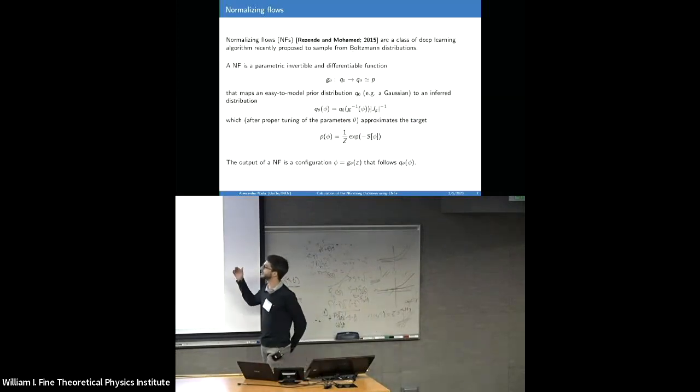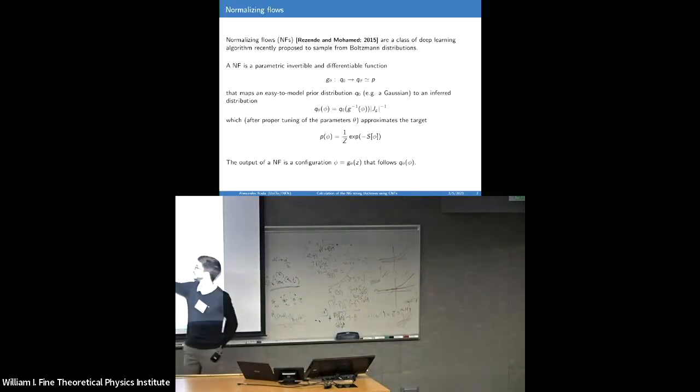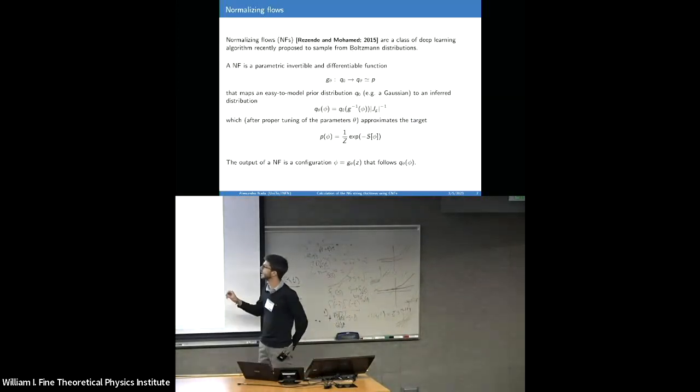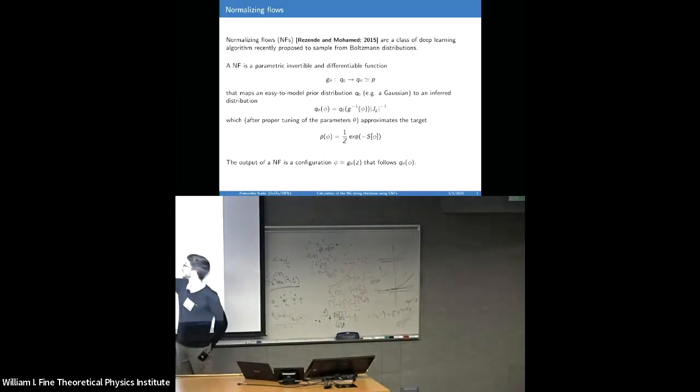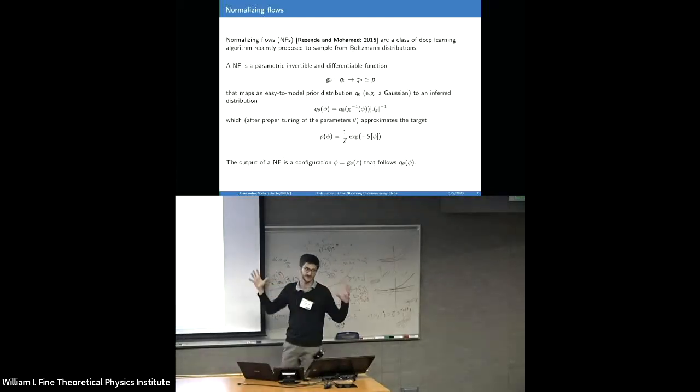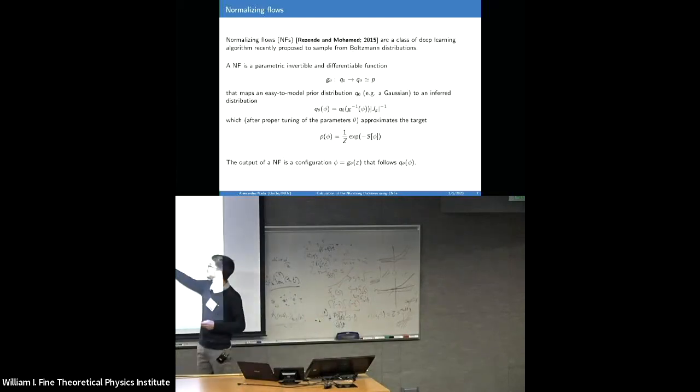The idea is that this normalizing flow is nothing but an invertible and differentiable function that essentially takes a prior distribution, which can be, for example, a Gaussian distribution, or even a uniform distribution, something that you can completely control, and somehow manages to generate a new distribution called Q theta. This theta represents all the parameters of this normalizing flow. This could be millions in principle. This is where the magic of neural networks happens.